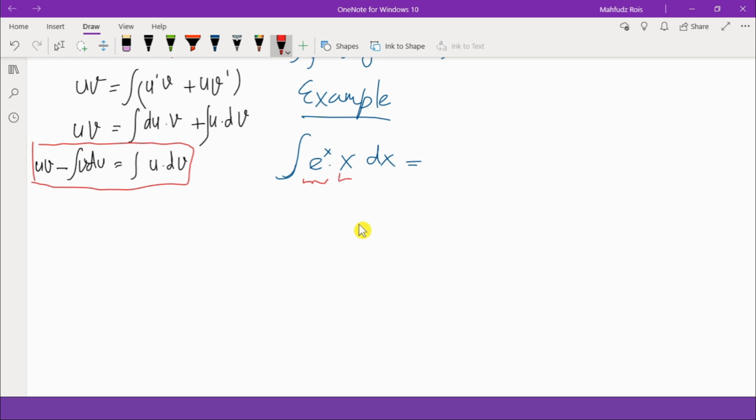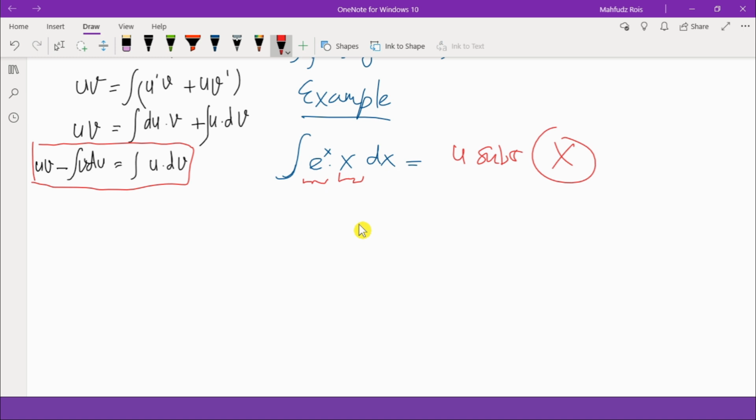You need to be careful, because these are two different functions. We cannot solve by substitution, so you should use integration by parts.